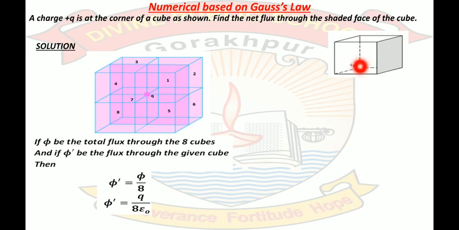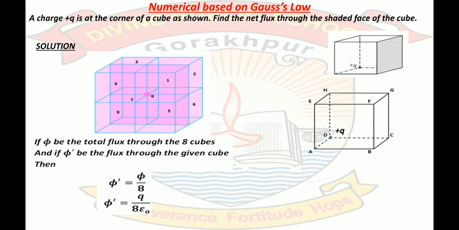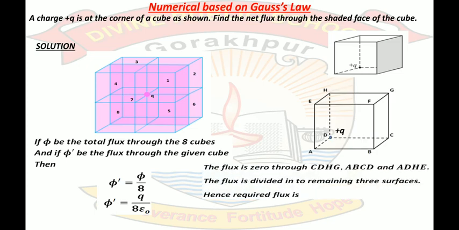So we have a surface at the top, the shaded one, and one surface at the front. The total flux will be divided into 3 surfaces, and therefore phi double dash is equal to 1 by 3 of q upon 8 epsilon naught, and it will become q upon 24 epsilon naught.